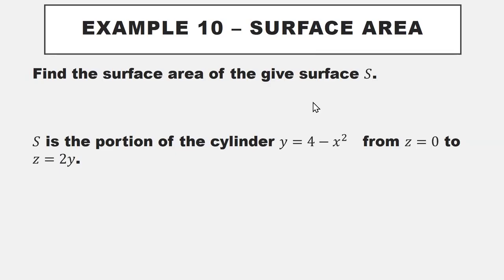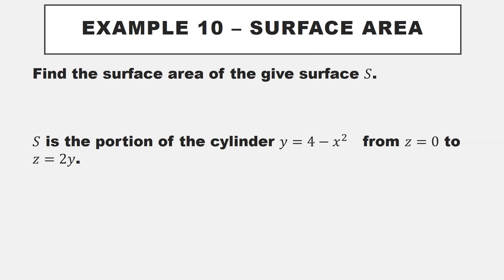Let's do another example. In example 10, we're going to do one of the surfaces that I've already done a parameterization for. So let's look at the surface, which is the portion of the cylinder y equals 4 minus x squared from z equals 0 to z equals 2y.